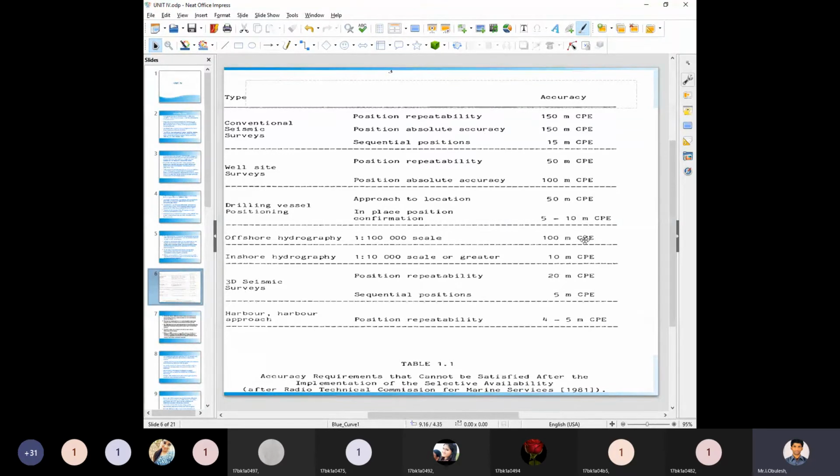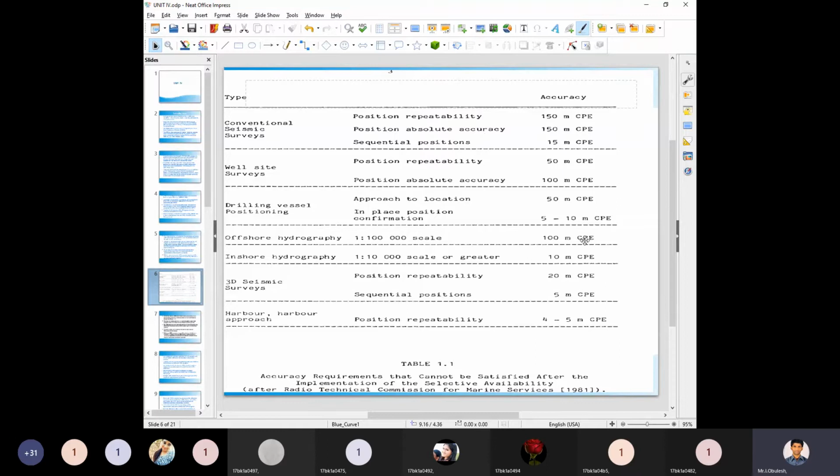This table shows the accuracy requirements that cannot be satisfied after the implementation of selective availability. This data is from the Radio Technical Commission for Maritime Services in 1981.